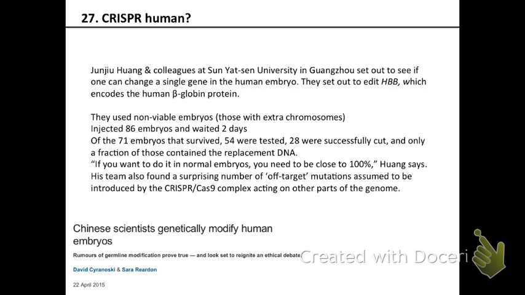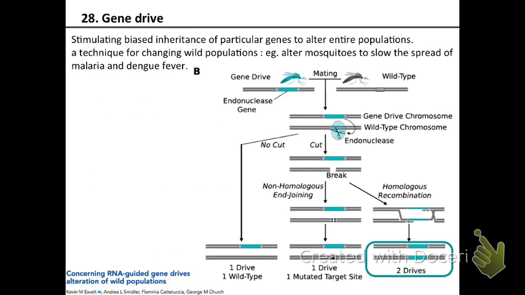All right. What else can you do? You can do other things. You can even use the system in ecology, changing whole populations. So instead of injecting and changing single embryos, you can actually change a whole population of animals, and this is what's called the gene drive. So what you do is you stimulate biased inheritance of particular genes.